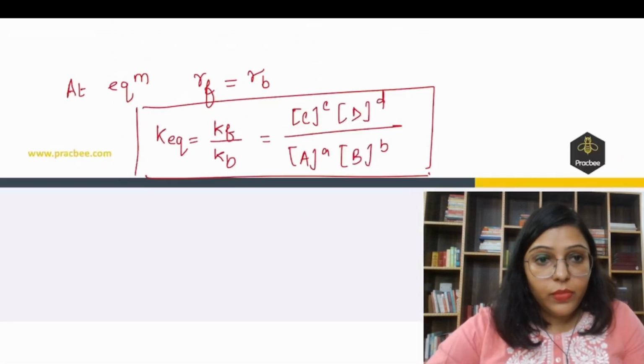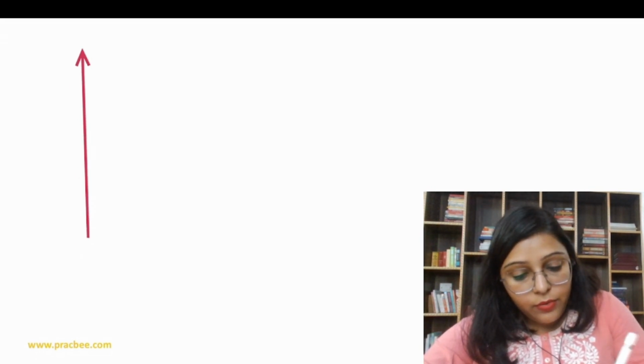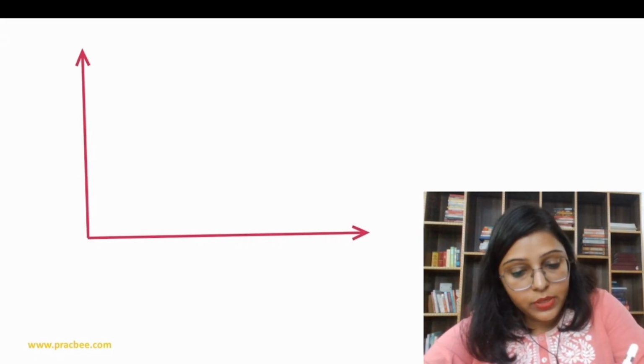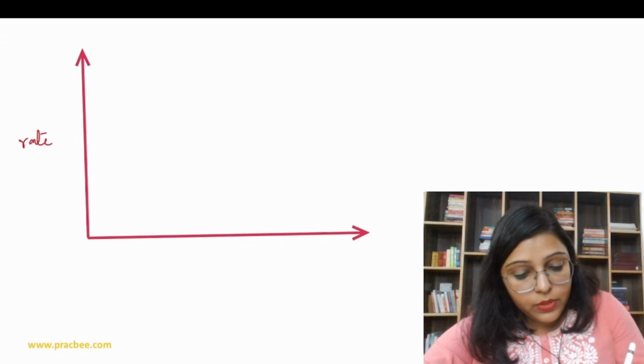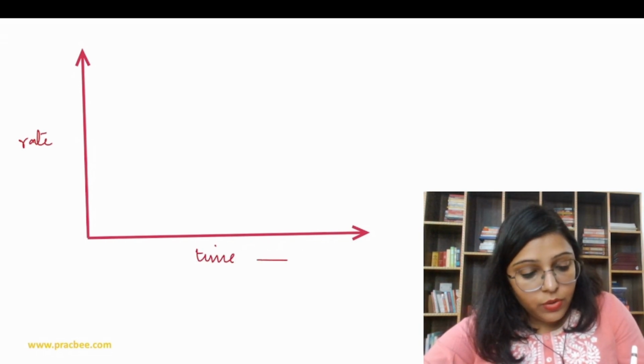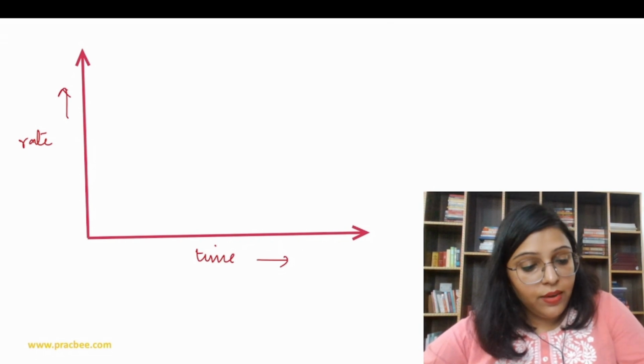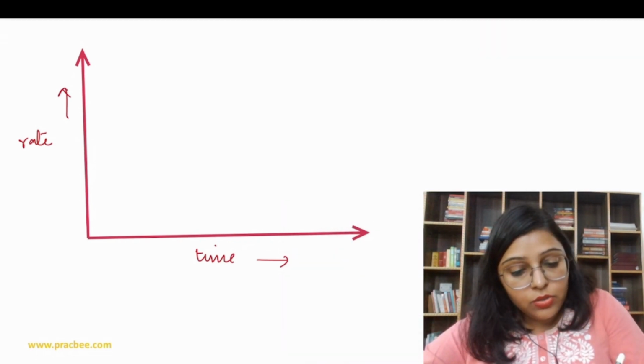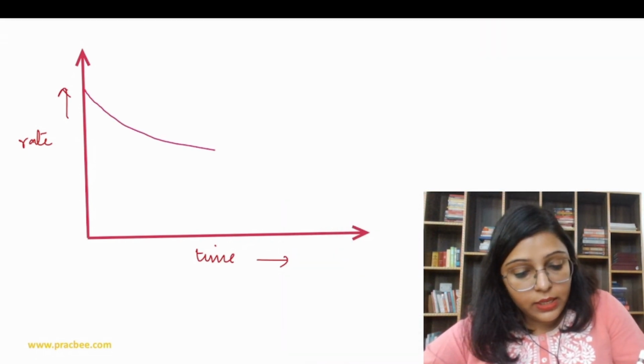Then we have some concentration curves, rate versus time curve and concentration versus time curve. So what happens in rate versus time curve? First we have rate of forward reaction. So forward reaction rate decreases, right?